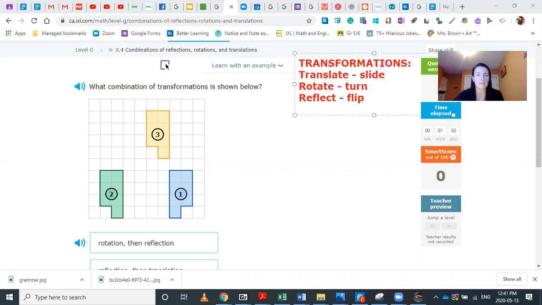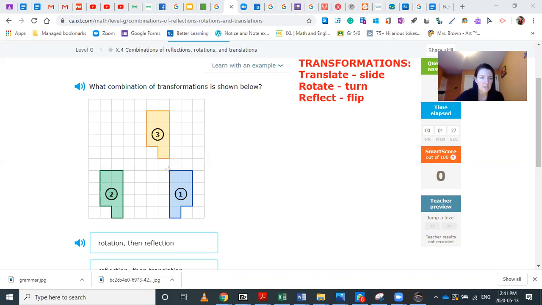So let's look at today's question. What combination of transformations is shown below? We start at number 1, we then go to number 2, and then number 3. How did we get from number 1 to number 2? We can see that it is looking the opposite direction, so you would have made a mirror image of this guy.